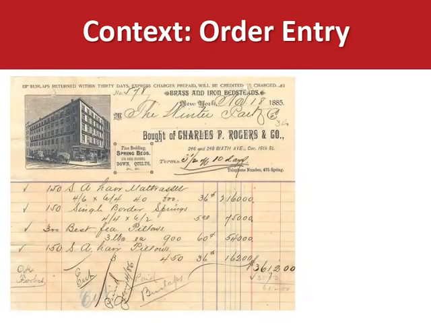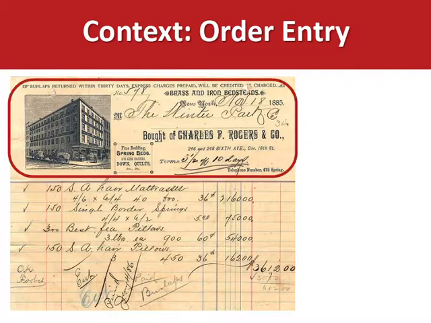Before we talk about query languages, it's worthwhile to consider the context of this lesson. So we're going to illustrate query languages with an order entry system. And all order entry systems are pretty much the same. In fact, orders haven't changed much in 100 years. So here's an example of a very old order.